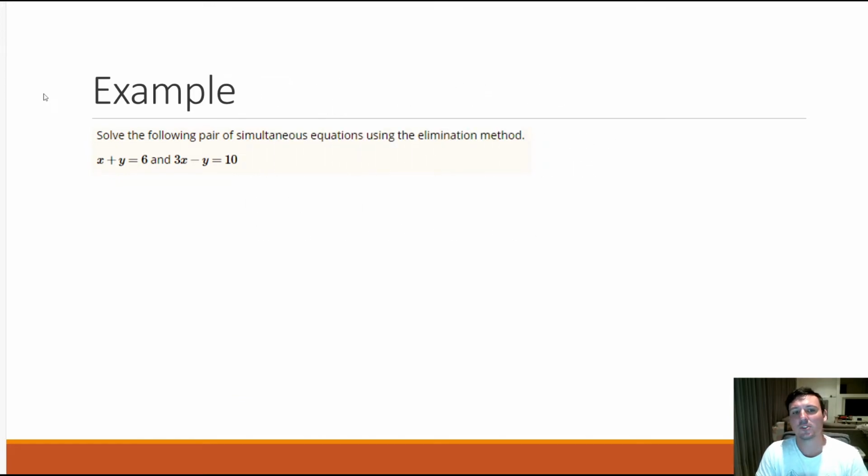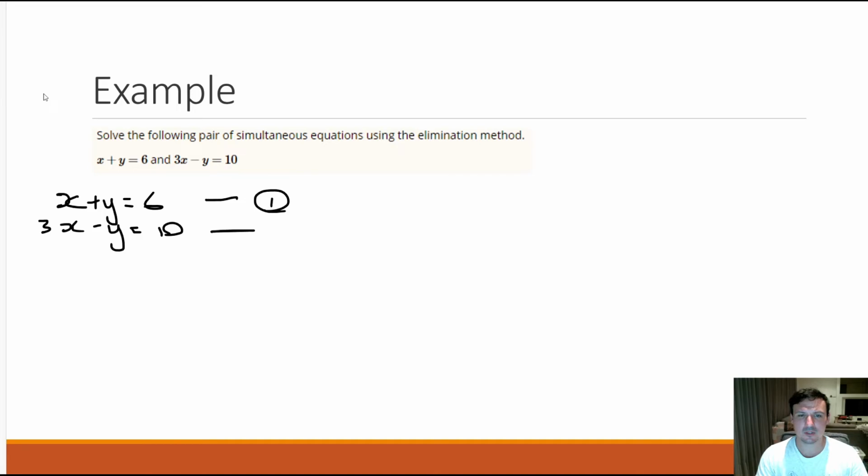So let's do some solving of equations using the elimination method. What you might notice is I like to put these on top of each other. So we've got x plus y equals 6. 3x minus y equals 10. Now, in any situation, we can eliminate x or we can eliminate y.